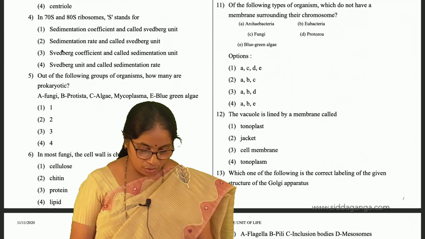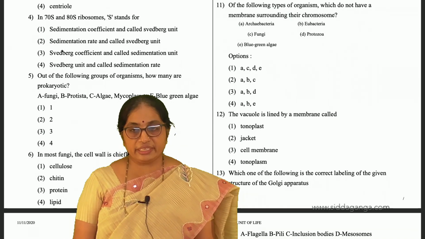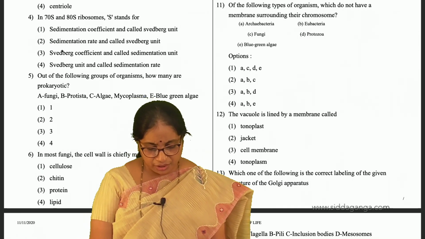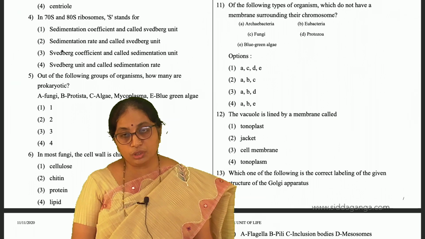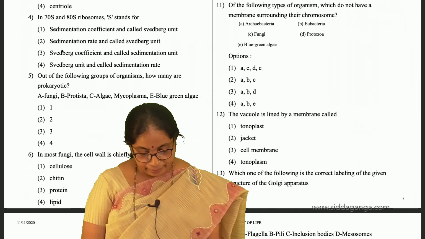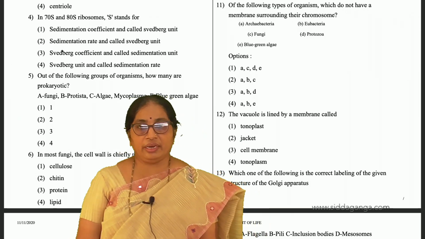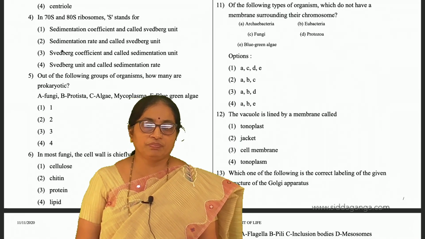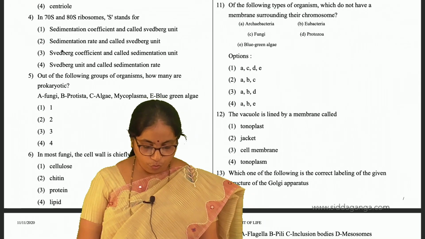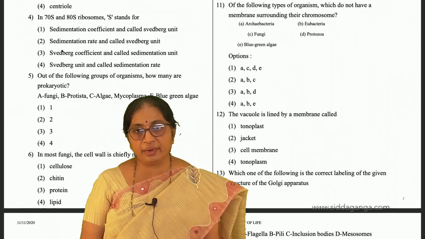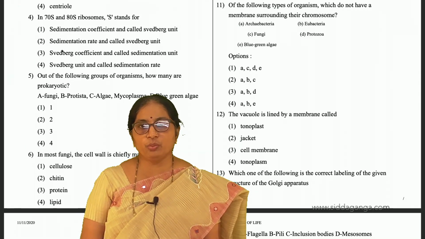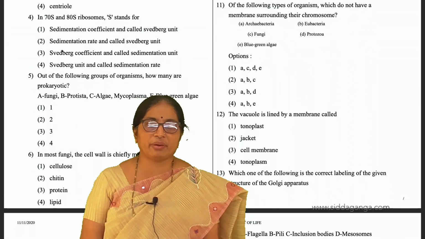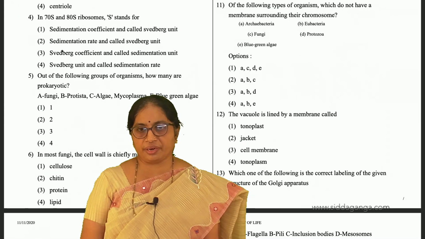Many examples coming under eubacteria, that is some types of bacteria, are also prokaryotic, and the blue-green algae, the BGA, all of them are prokaryotic. So the fourth option, A, B, E, that is archaebacteria, eubacteria and blue-green algae, the organisms which do not have a membrane surrounding their chromosome, is the right answer.